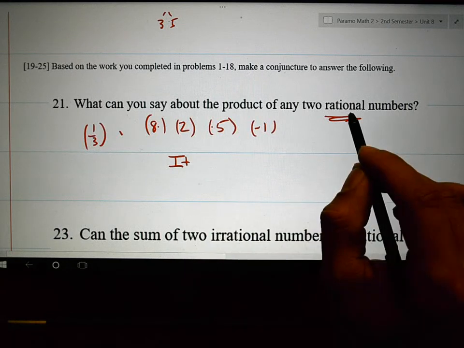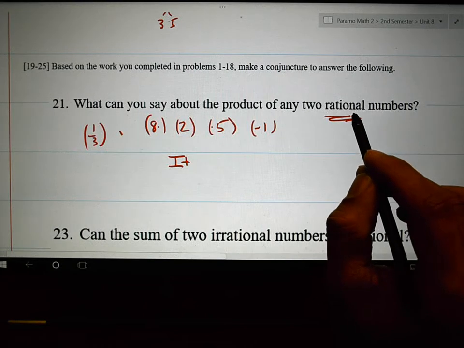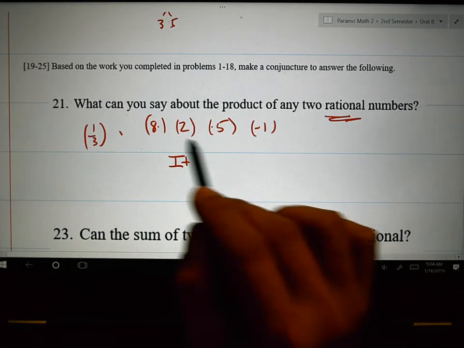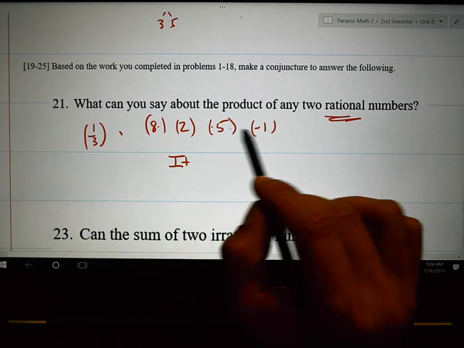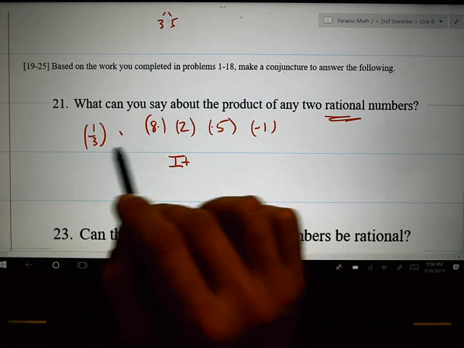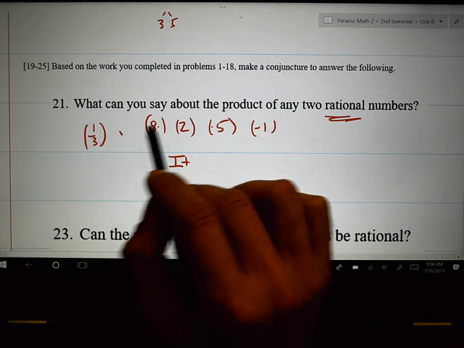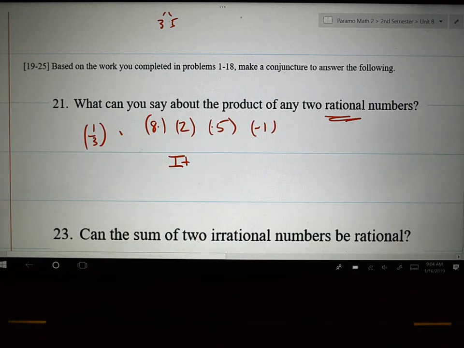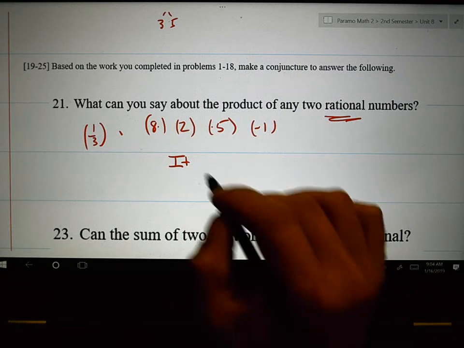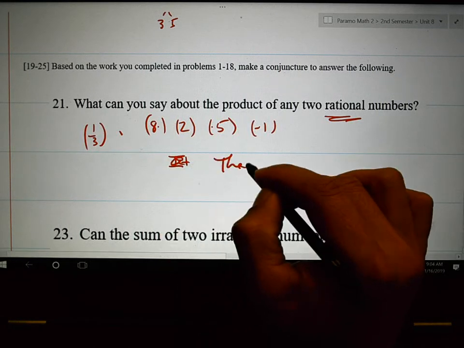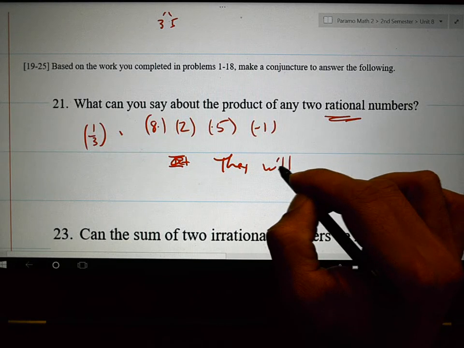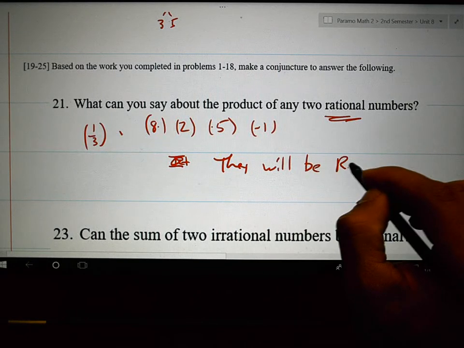It has something to do with the word rational or irrational. What do you know about all the products? This times this, and this times this, and that times that. They will all be what? Go ahead and say it out loud. Okay. They will be rational.